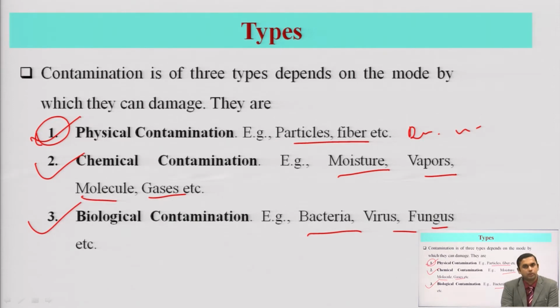For example, moisture and vapor are present in the air, so to minimize such contamination you have to purify the air. The air entering your working premises comes through the AHU, the air handling unit. If you use proper filters and proper machinery, you can control it.